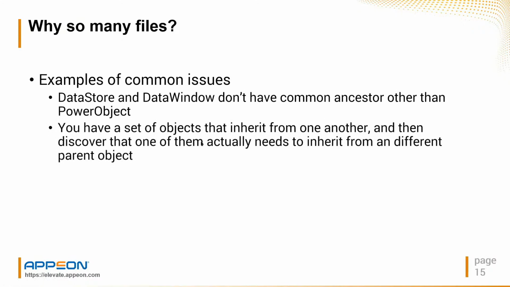Or this next scenario you might run into is that you have an ancestor called A, and you've created a descendant, and you get another object called B, and maybe they're inherited off the same object, but you realize later that your object C that you inherited off of A should have been inherited off of B instead. Changing the inheritance in PowerBuilder is not a trivial exercise.